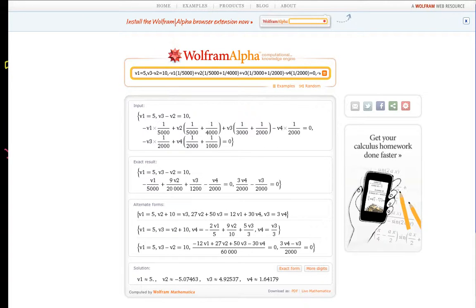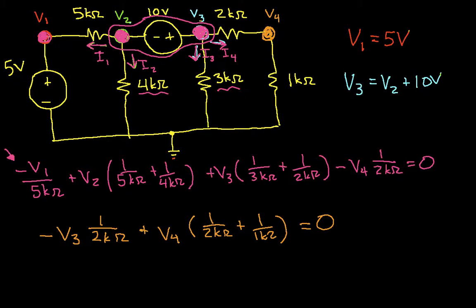So if we go back to our original circuit, we can write these down. So we have here that V1 is 5 volts. That's what we expected with our 5 volt source here. V2, this node here, is minus 5.07 volts.